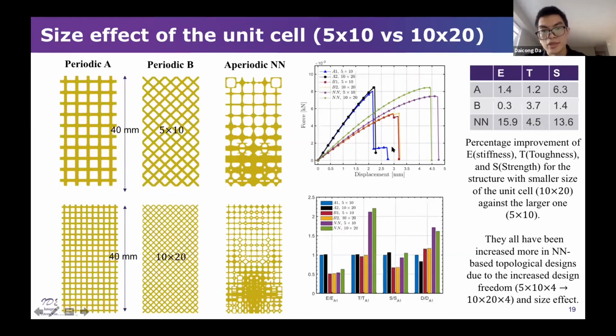Just because we use homogenization first. So with the smaller size, you get a better improvement. But the smaller size will also cause some manufacturability issues. So you have to find a balance here.